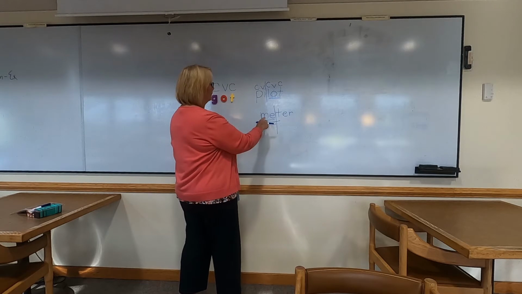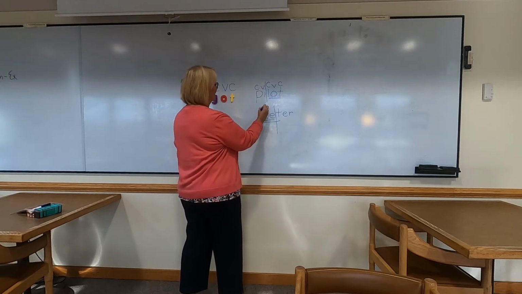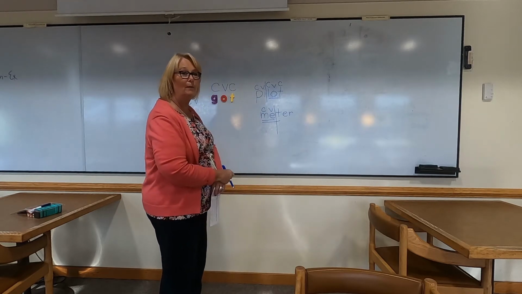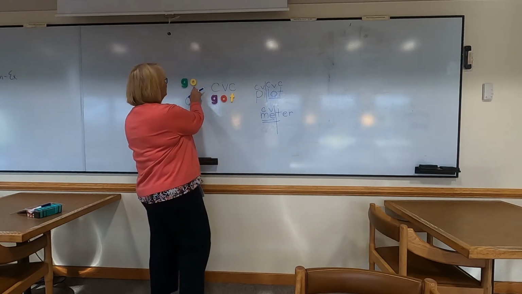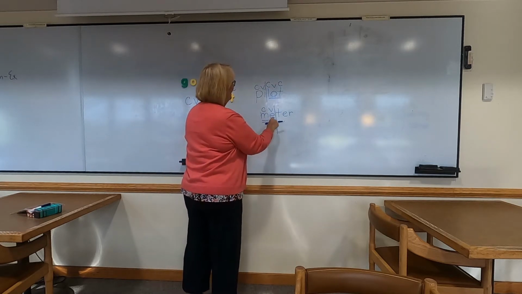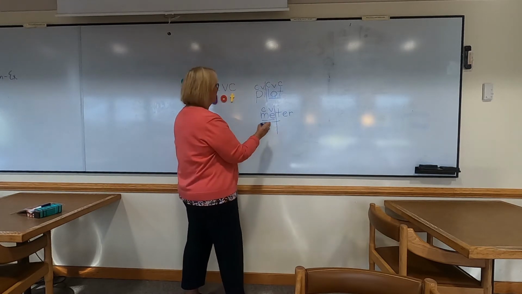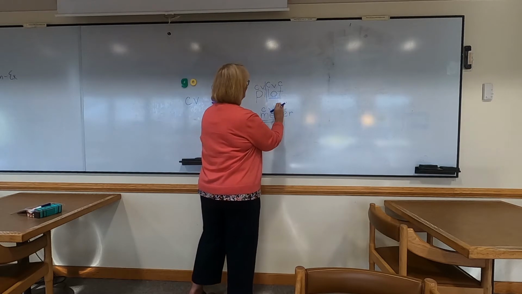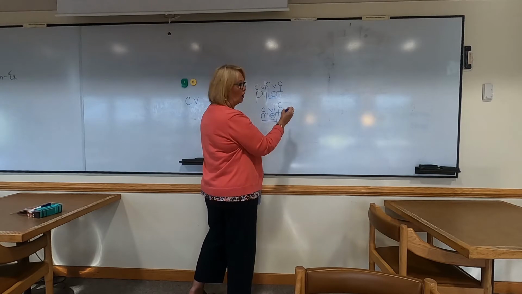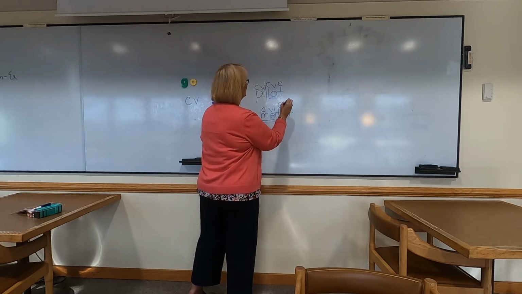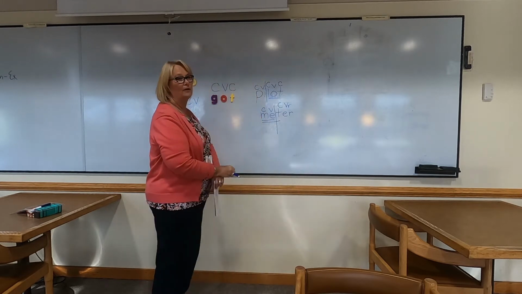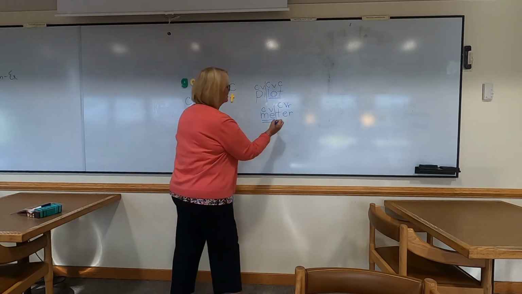Okay? There we go again. We have a consonant vowel pattern. What do we know about the consonant vowel pattern? It's long. It says its name. So that word would be me. There's a consonant, and this is a little bit different. This is the bossy R. So I'm just going to leave it as vowel R. So we know that's a bossy R. The bossy R says er.